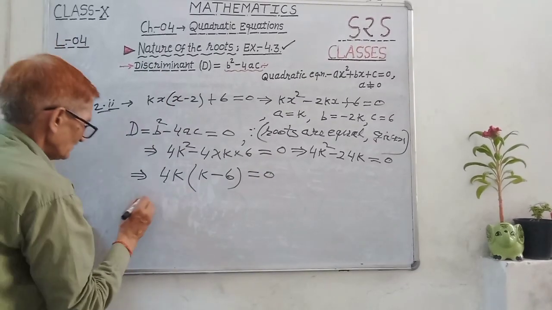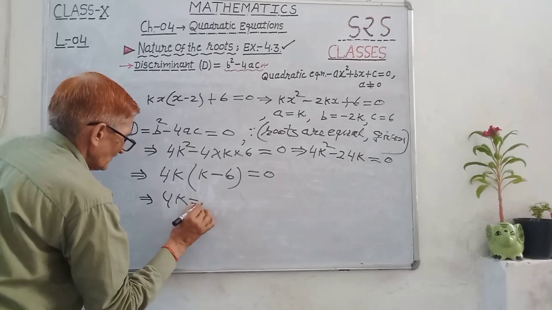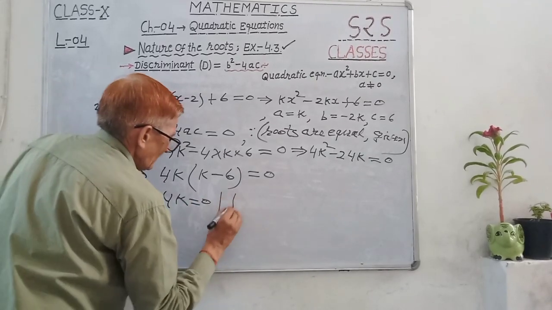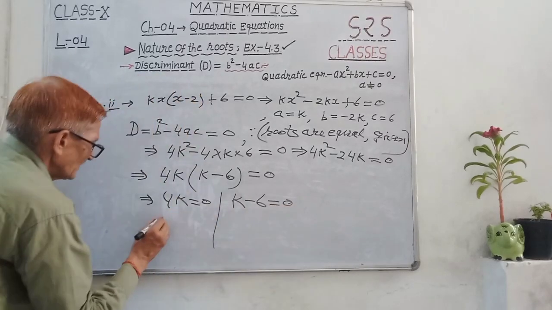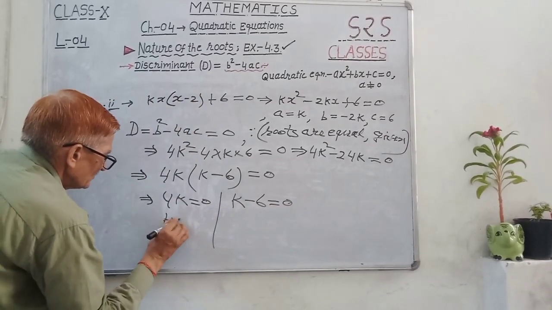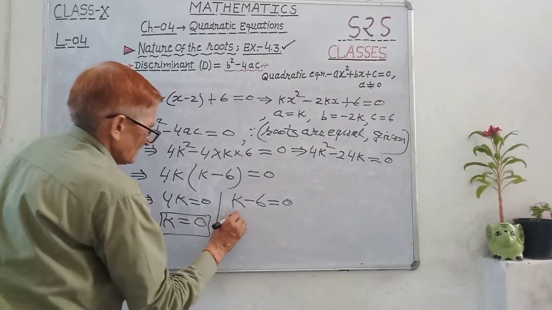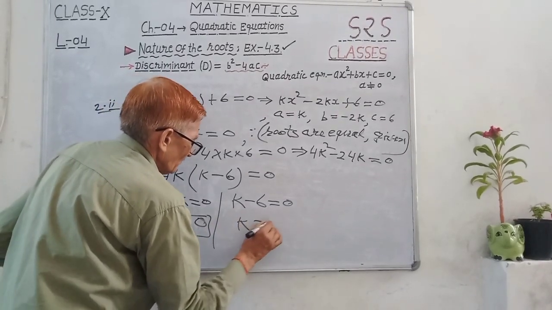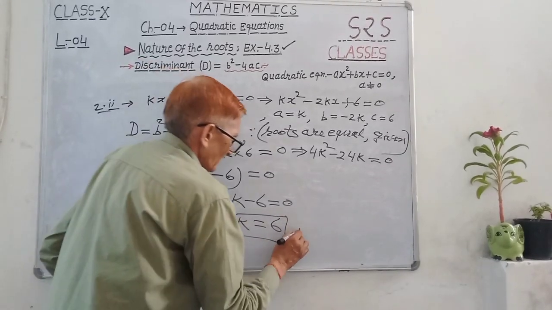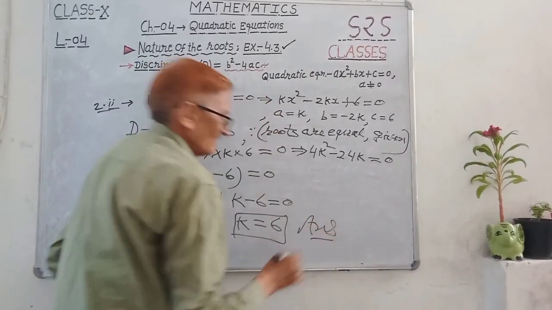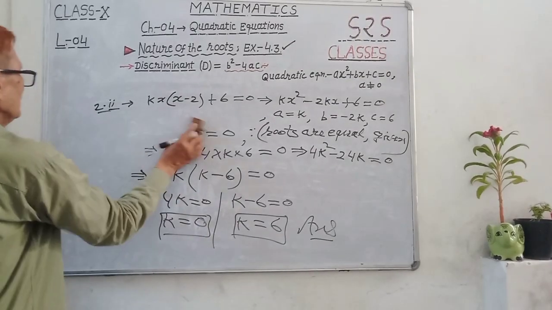These are two factors: one factor 4k equal to 0, the second k minus 6 equal 0. From the first, k equal to 0 divided by 4, which is 0. The other k equals positive 6. So these are the values of k. Answer, find the values of k. Done. Okay, now question number 3.